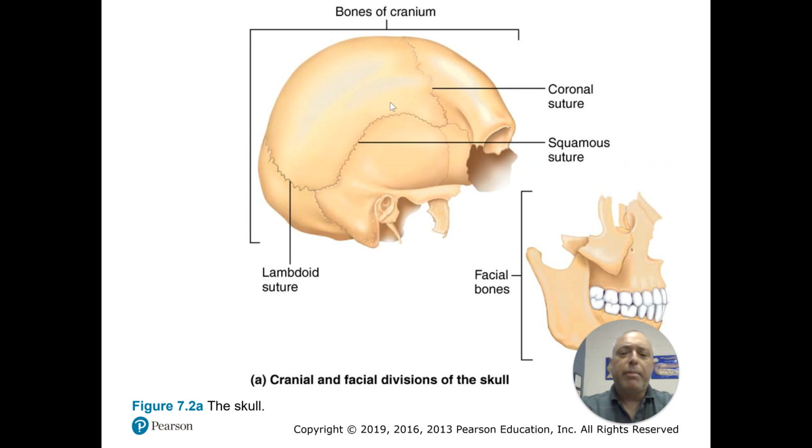So the bones of the skull, they move within childhood, but they fuse during adulthood. These sutures are where the bones fuse, but you have a coronal suture, a squamous suture, a lambdoid suture.